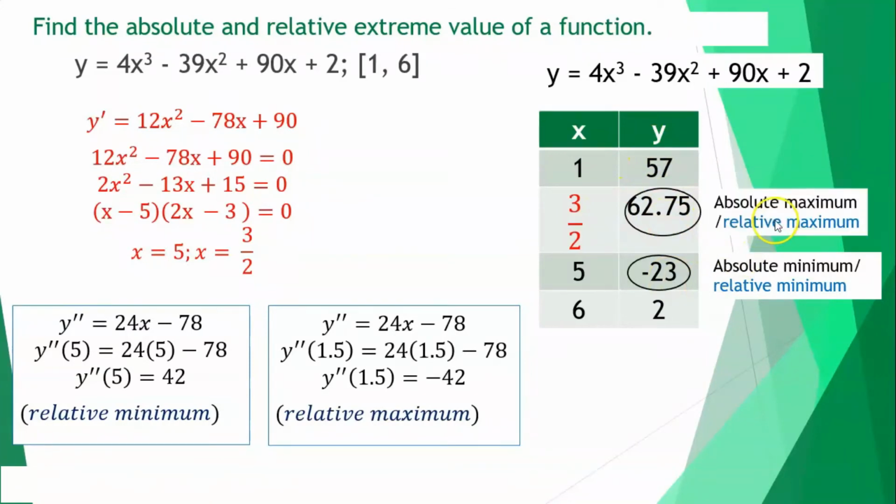So with this, it's where the absolute maximum and at the same time the relative maximum is located. So take note, not all the time will the absolute maximum and the relative maximum go together, nor the absolute minimum and the relative minimum. We really have to counter check. So please take note of that.